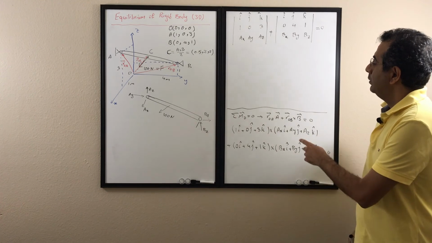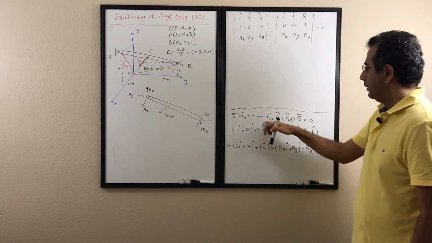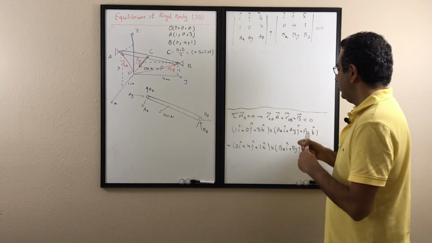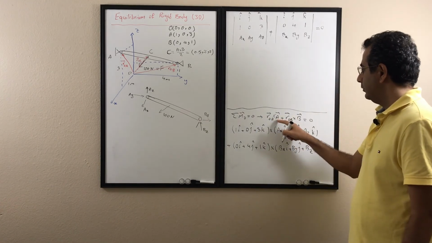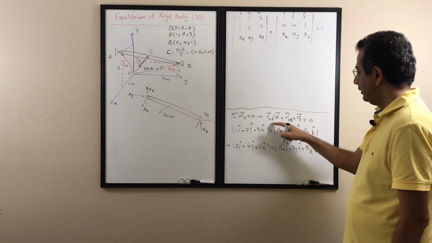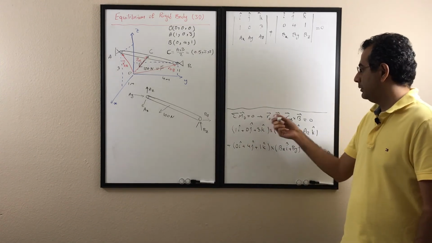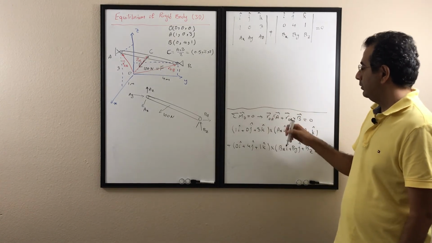So to explain it one more time, how we get from here to there, just remember that the moment was calculated by the position vector cross the force, and we know that we can calculate the moment by using determinants.